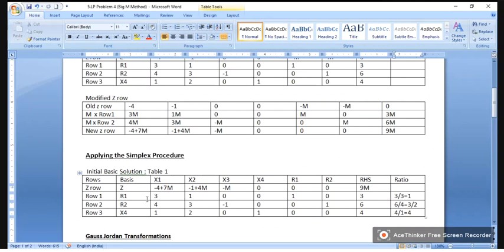Actually, I have the solution, but I will give you time to do the transformations on your own. Prepare table 2. Take 5 minutes. Meanwhile, if you get any doubts, please feel free to ask.